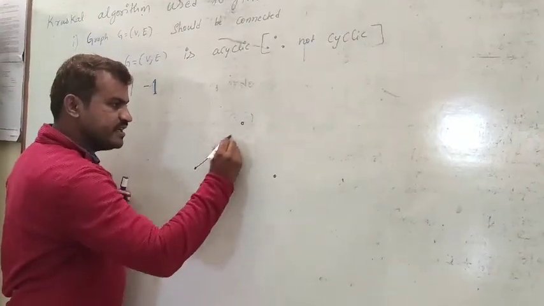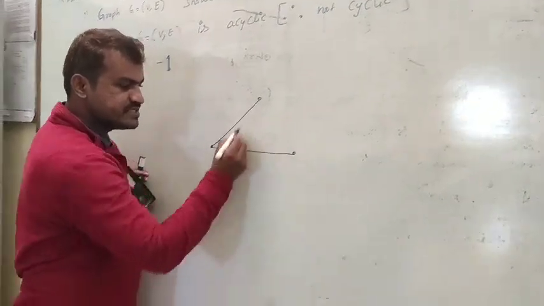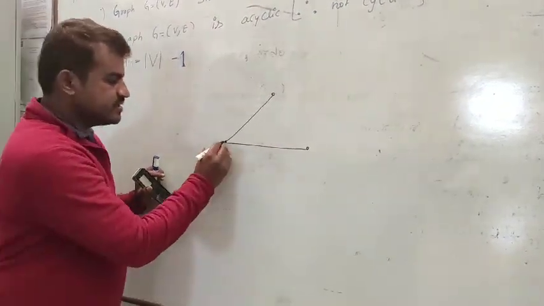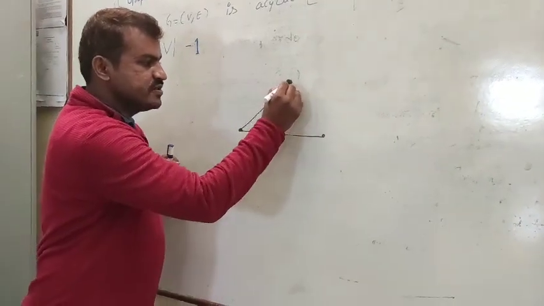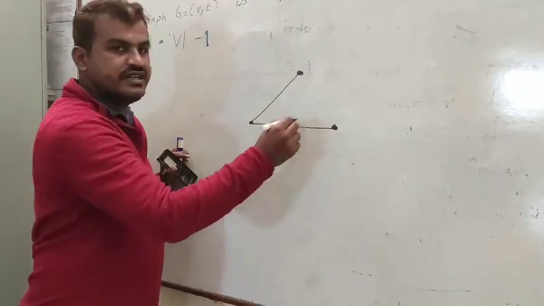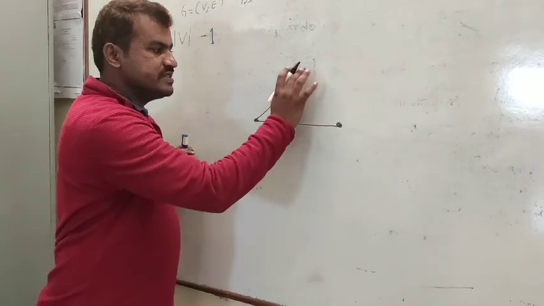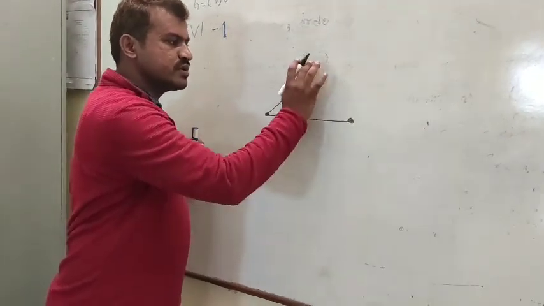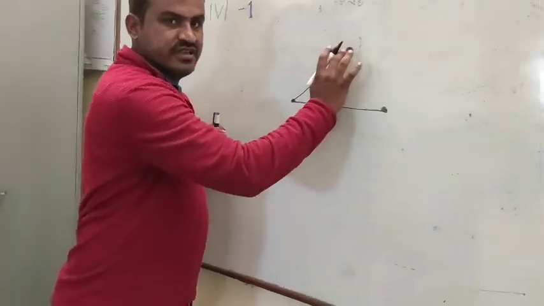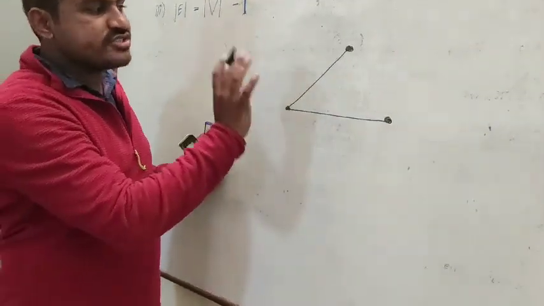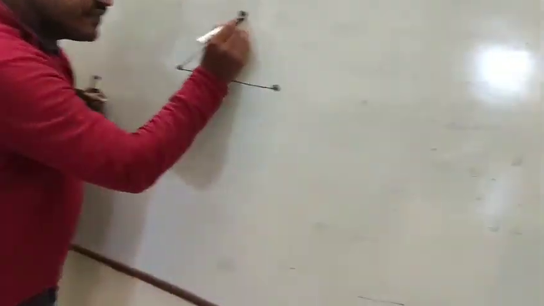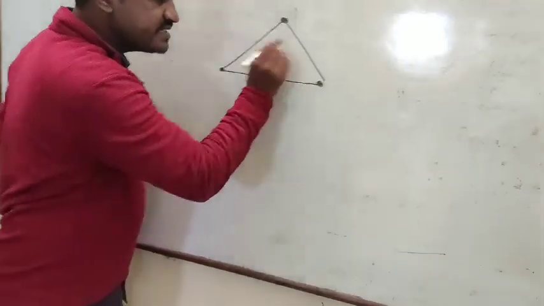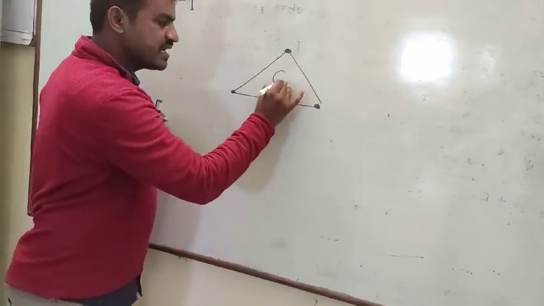All 3 nodes are connected, and there is no cycle. It is not possible to travel in a cyclic formation. If an edge comes like this, it becomes a cyclic graph.